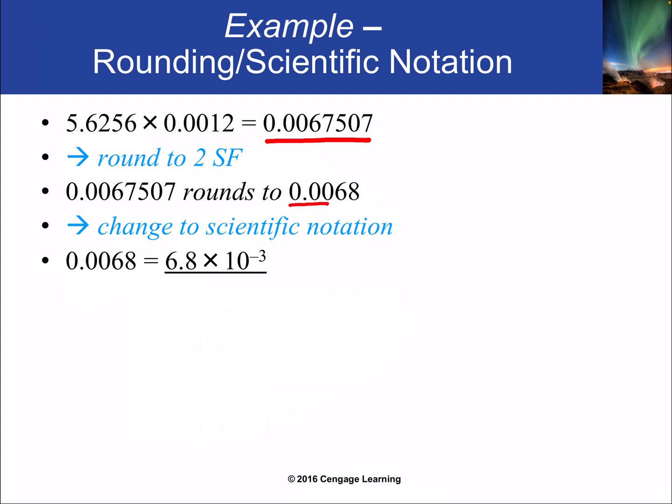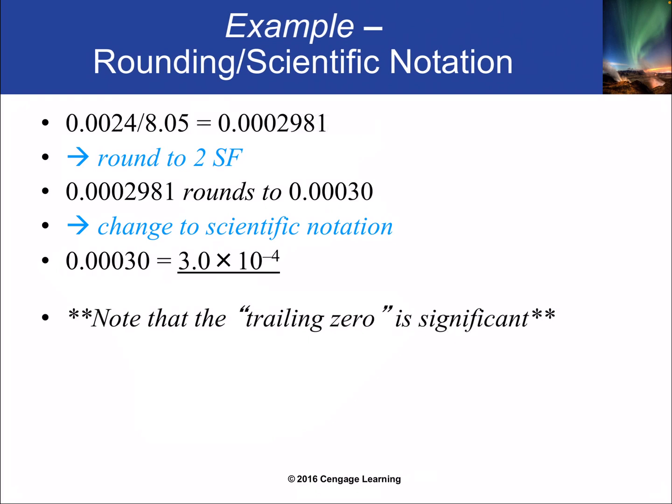Remember, the leading zeros are not significant, so it's going to round to 0.0068. The 6 and the 8 are your two significant figures. Now, we can change it to scientific notation, which would be 6.8 times 10 to the minus 3, because I'm moving my decimal place 1, 2, 3. Small number, negative exponent.